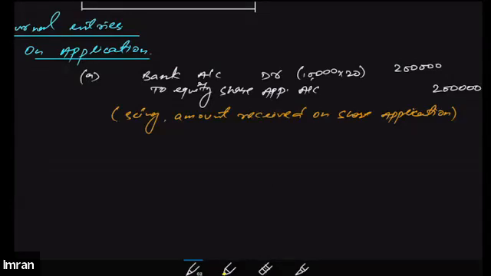Now we need to pass the journal entry for the transfer of application money to the share capital as well.